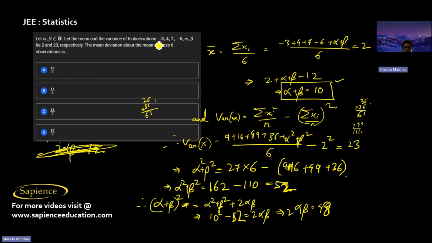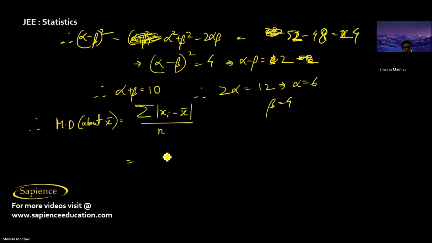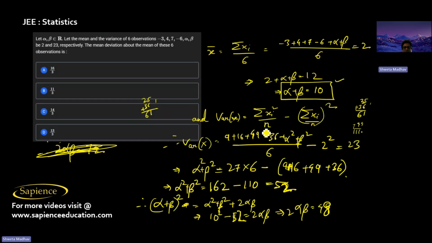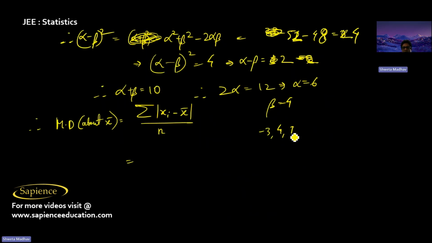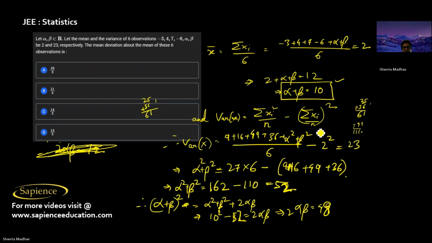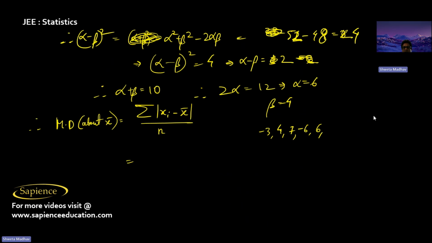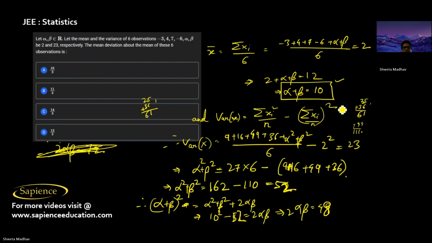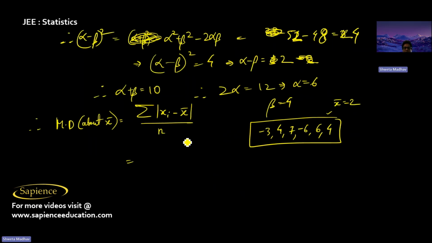The observations are minus 3, 4, 7, minus 6, alpha that is 6, and beta that is 4. These are the observations, and the mean value is 2. For the mean deviation, we have to find about the mean.